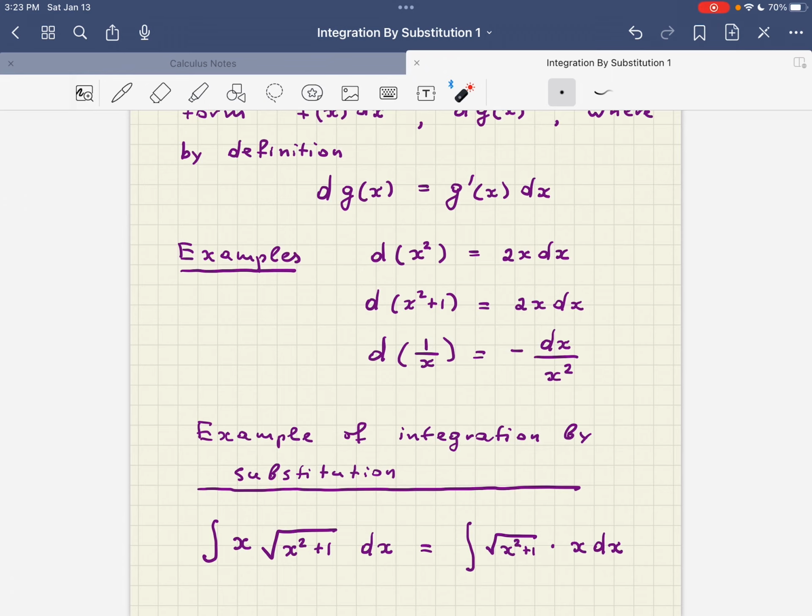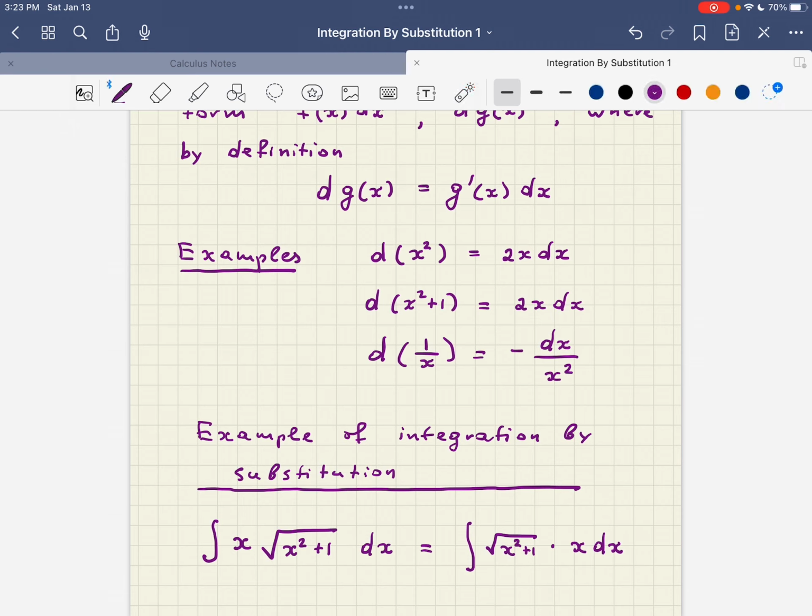I'm going to switch the order of x and the square root. And now, if you look at x times dx, and you compare it to the differential of x squared plus 1, which is 2x times dx, we see that x dx is equal to 1/2 of that differential, right?